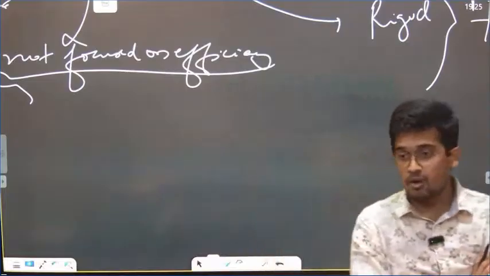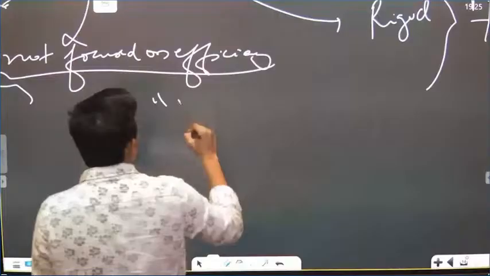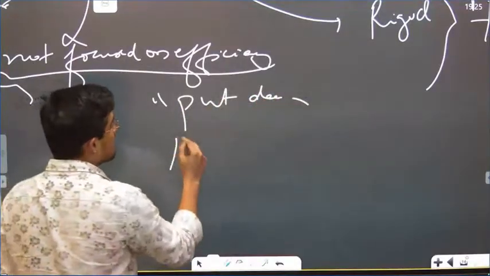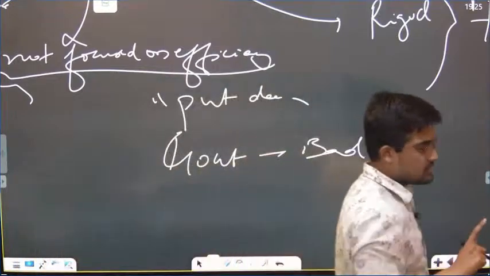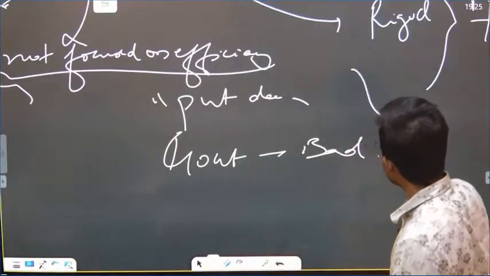Because public choice painted a picture that whatever private does is good, whatever government does is bad. This equating created a problem.